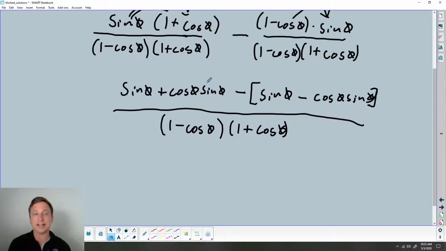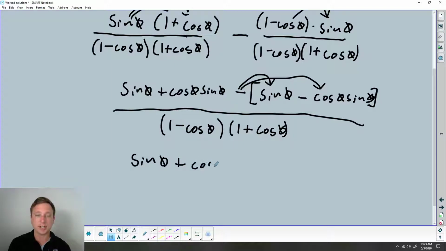And now we can set out and reduce this a little more. When we're subtracting this whole expression on the right side, I need to distribute this negative through first. So I have a sine theta plus cosine theta sine theta. Nothing changed there. And now we have a minus sine theta plus a cosine theta sine theta.